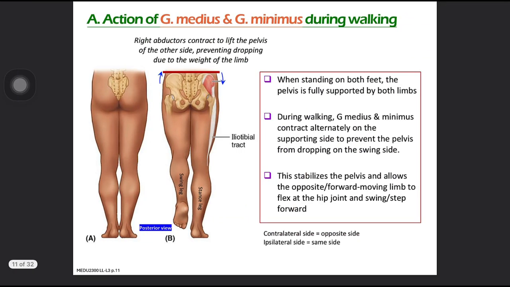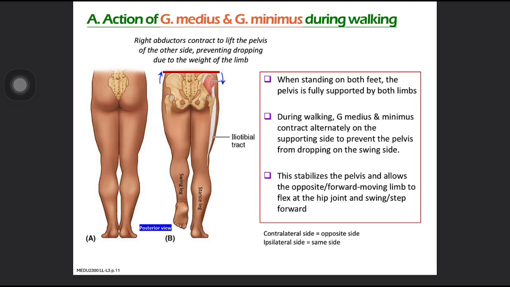Let's go to this slide. When you're walking and you have one leg standing on the ground, the other is the swing leg, and you have to move it forward, right? Think about it. If you stand on one leg, your gluteal regions still are engaged, right?